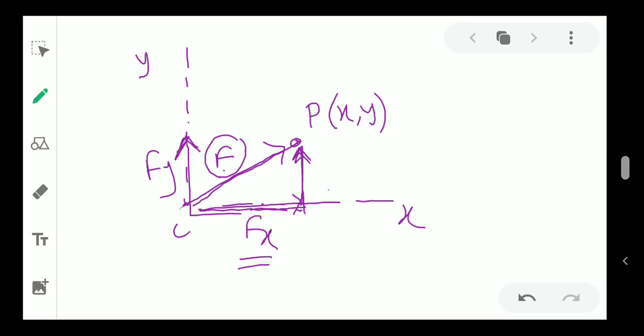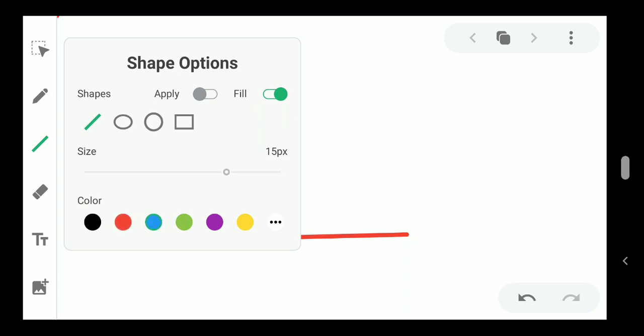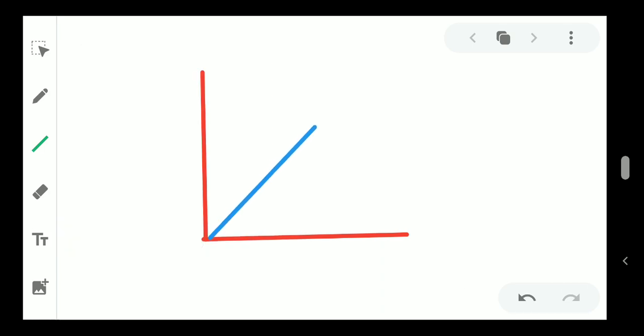In this scenario, how do we calculate the components? Actually it was like this. I am again drawing it nicely. It was like this and like this, and my force was, let's say, this one. It will have two components: one is this one, Fy, and one is this one, Fx.